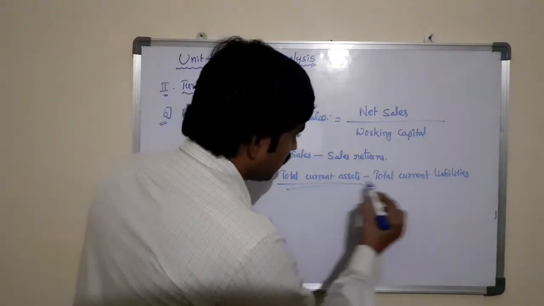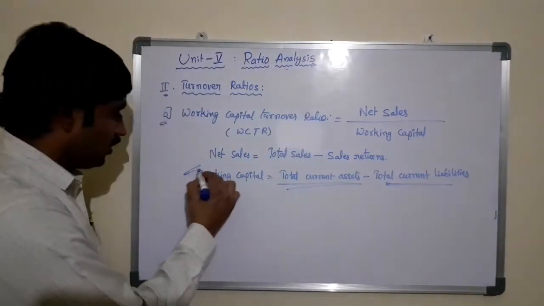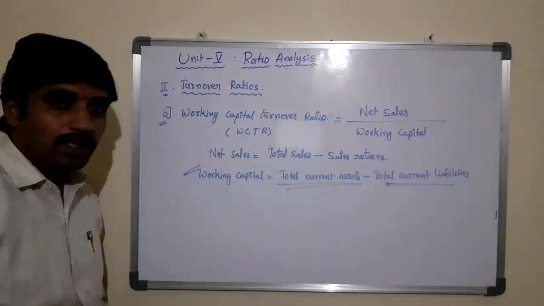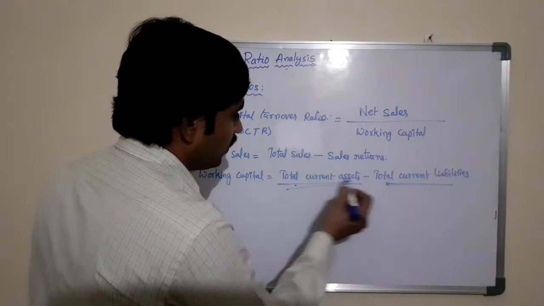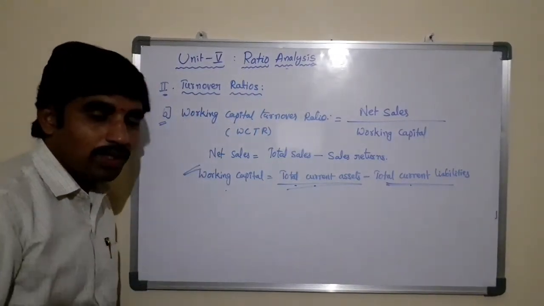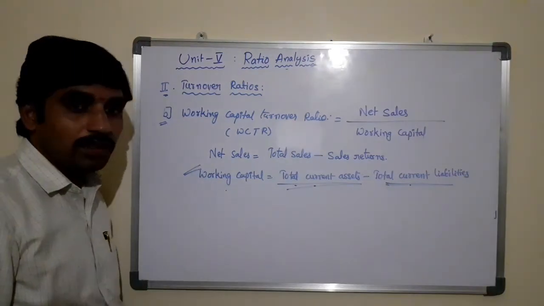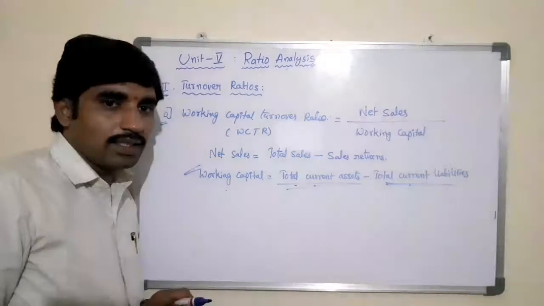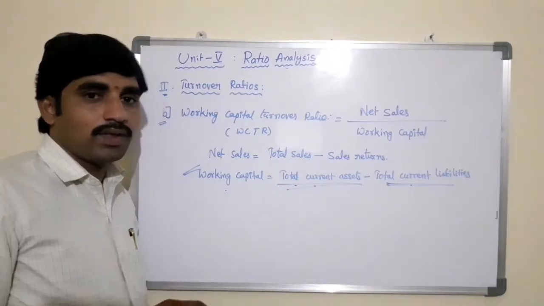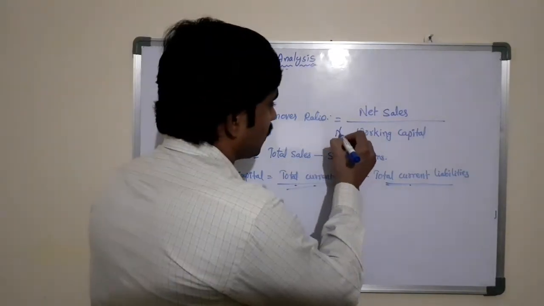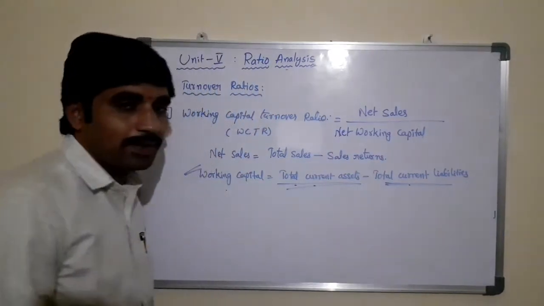So two components are used to measure the working capital. The difference between the total current assets and the total current liabilities is known as net working capital. There are two types of working capital, that is gross working capital and net working capital. In this case, we need to take the net working capital.